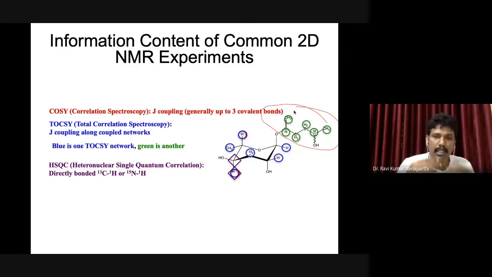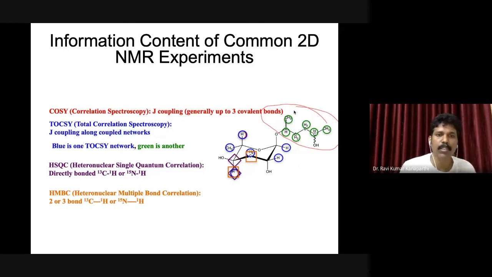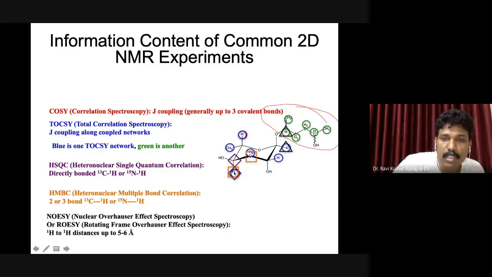Single quantum means both are from different nuclei, but you are only considering one heteronuclear connection, not many. Then heteronuclear multiple bond correlation. If you are considering two different nuclei which are connected by more than two or three bonds, then we say it is a heteronuclear multiple bond correlation.